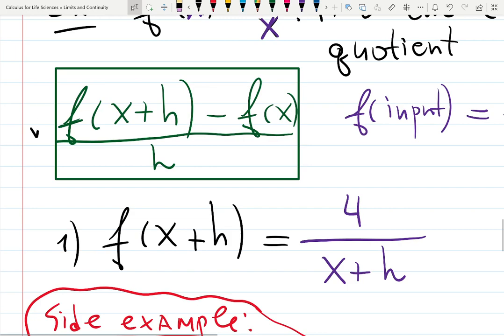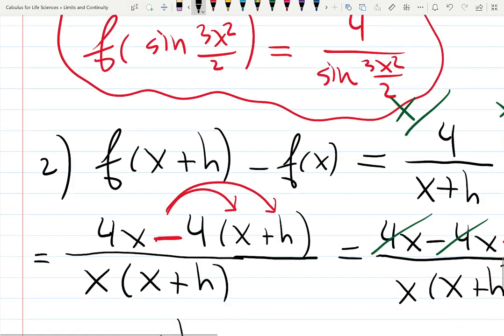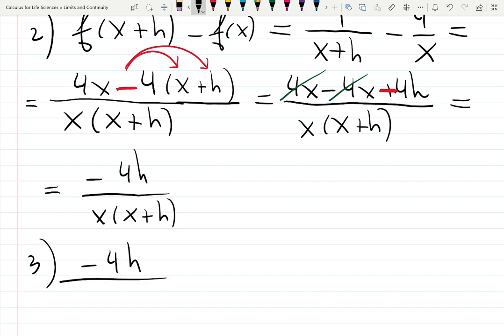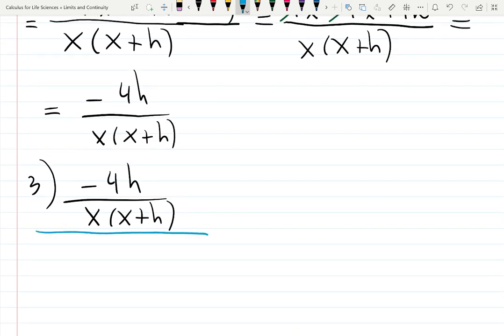So we just did the numerator. Now we need to divide by h. So that is step 3. When you are done, step 2 is the most tedious one. Step 3, I'm taking this, minus 4h over x times x plus h, and dividing it by h. Because that's what the formula says, divide by h.